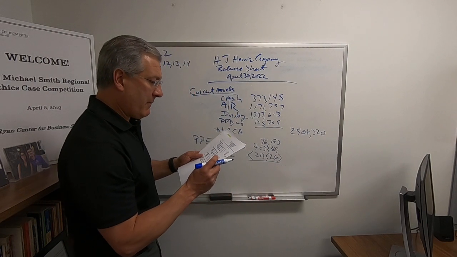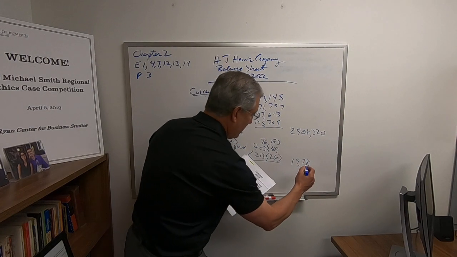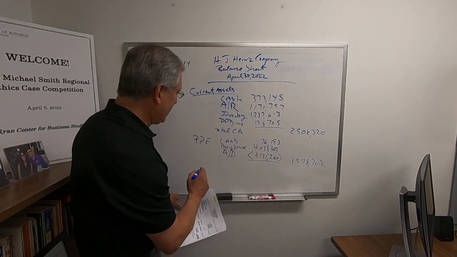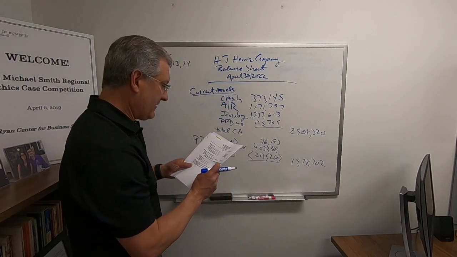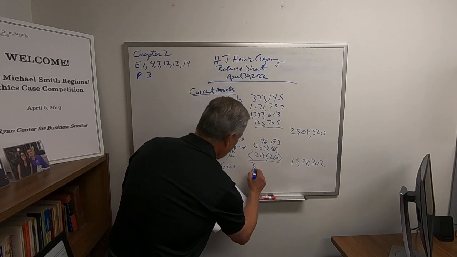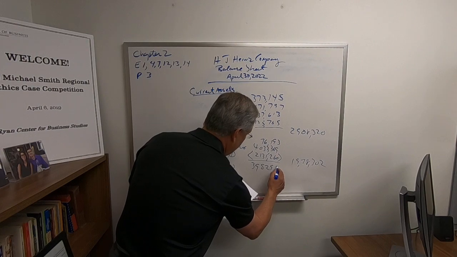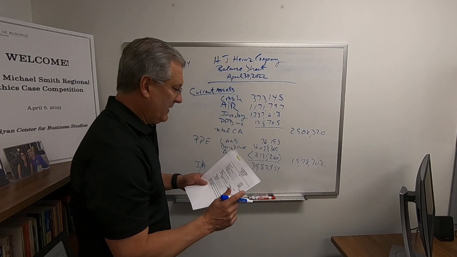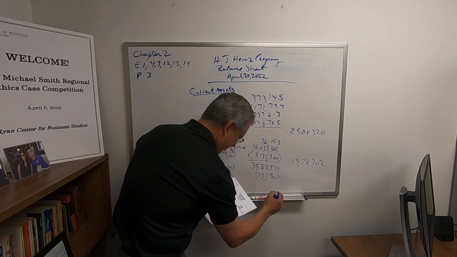We have property, plant, and equipment at 1,978,302. And then we have our intangible assets, I/A, intangible assets. We have goodwill, GW, goodwill, at 3,982,954. And we have trademarks, TM, trademarks, 757,907.